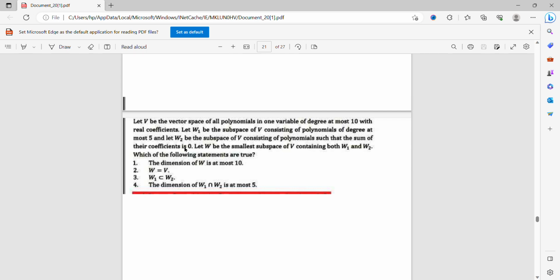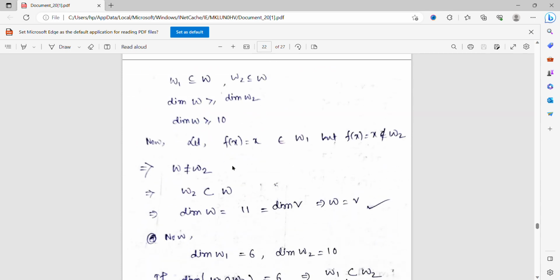Okay, so what is the dimension? The dimension is 10, because I can choose any real number for a1, a2 up to a10, and a0 depends on these 10 choices, right? So only one restriction here, so the dimension of W2 is definitely 10.